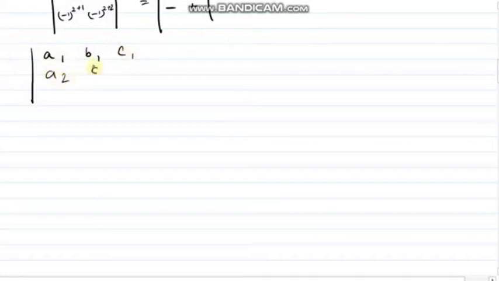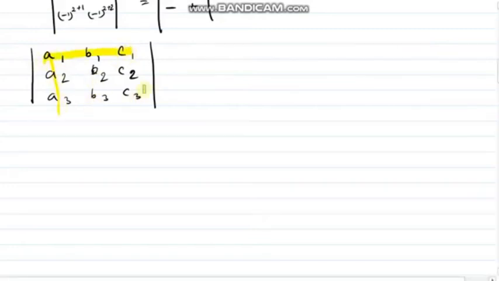Now if we have to find the value of the determinant A1, B1, C1, A2, B2, C2, A3, B3, C3. For A1, I'm just going to omit the row and column of A1, so it will be B2C3 minus B3C2. Then I multiply, so it will be A1 into (B2C3 minus B3C2).